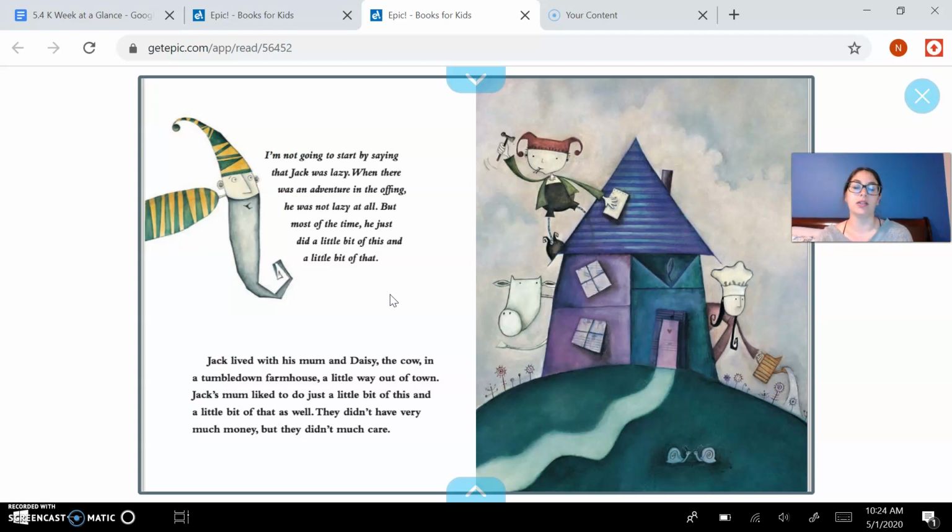So today just put a picture of Jack and then a word about Jack. And then tomorrow when we read more about Jack, we can add more information to our picture.